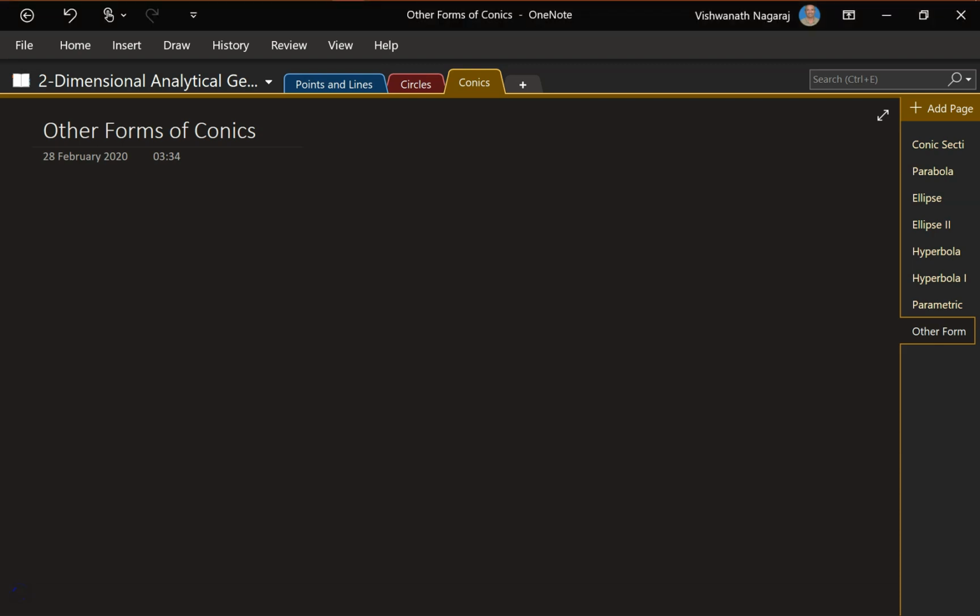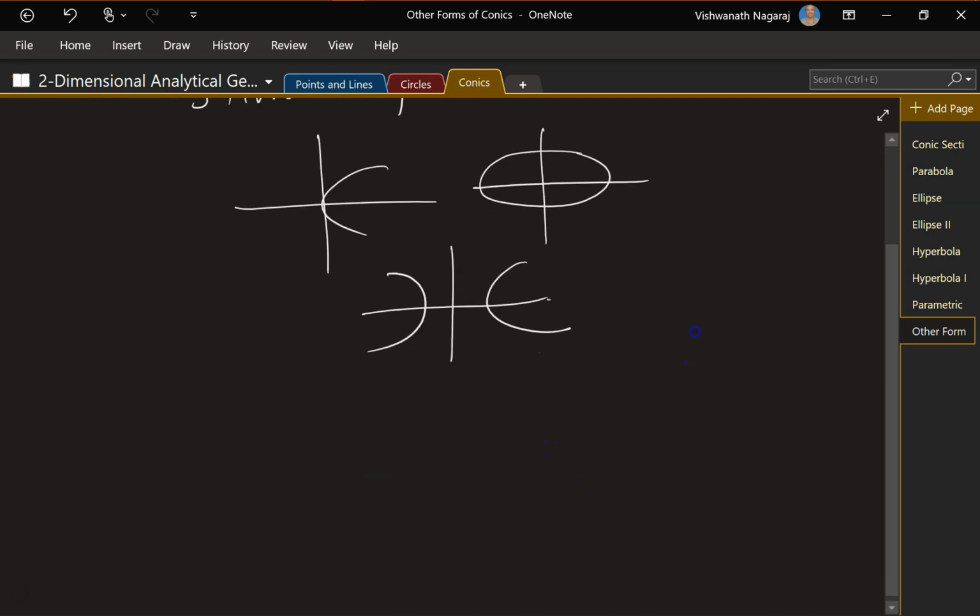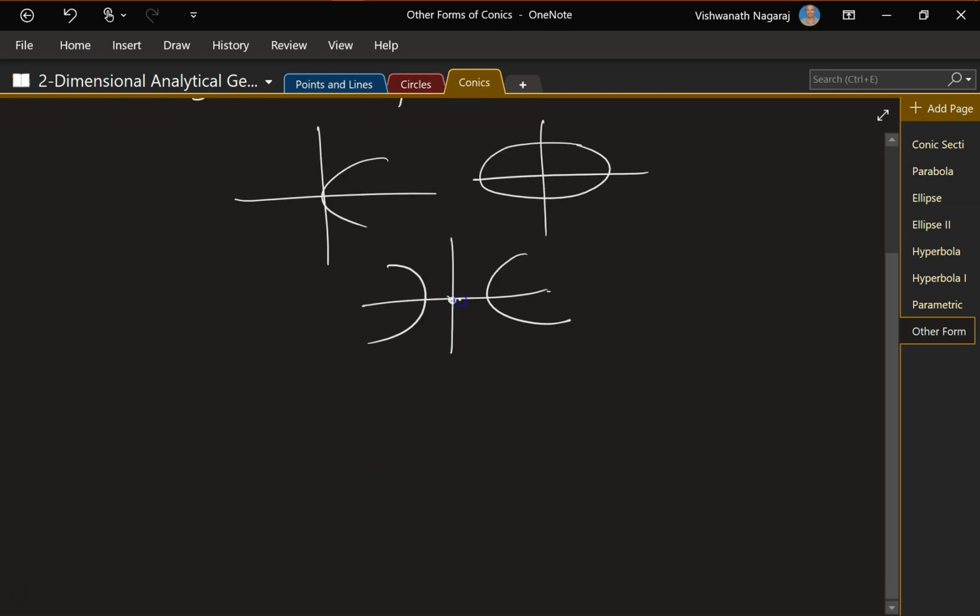Now, when we look at standard forms, we have the parabola like this, the ellipse like this, and the hyperbola like this, where the origin has a distinct place.